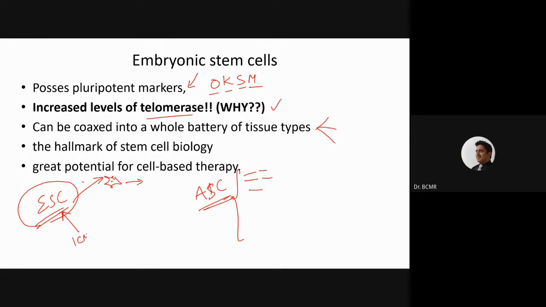We get them from the ICM. If we remove the ICM, where is the person? The person is not there, right? So there is another way called induced pluripotent stem cells, which we will discuss in a later chapter, where artificial or genetic reprogramming is done to make normal cells into pluripotent stem cells, similar to embryonic stem cells.